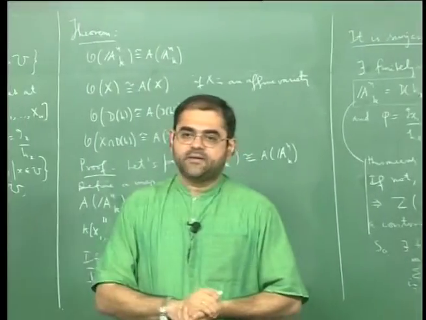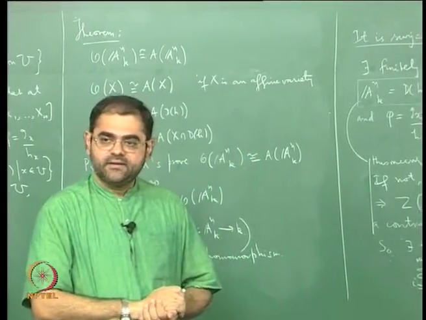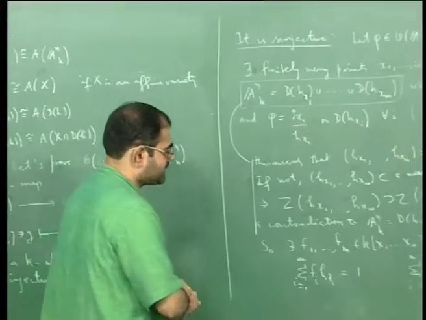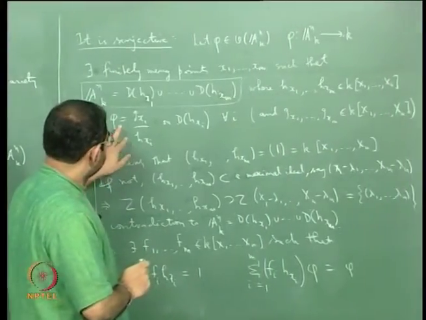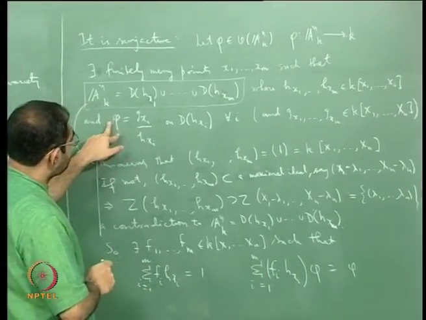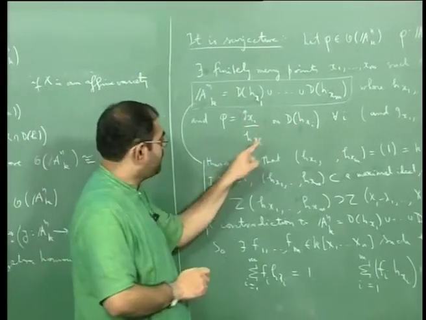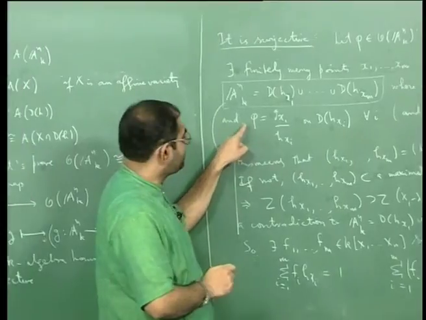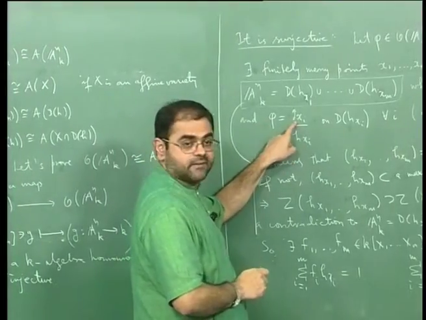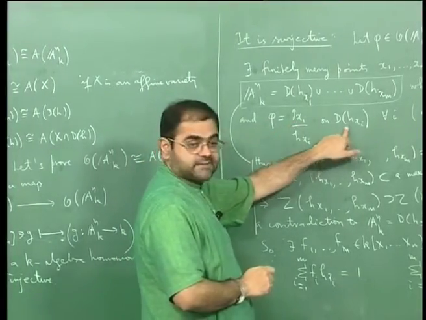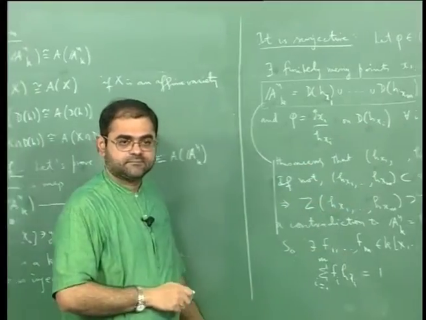I get this just by multiplying both sides by phi, and then I use the fact that phi is g_xi by h_xi on D(h_xi), but if I cross multiply I will get phi times h_xi equal to g_xi, not only on D(h_xi), I will get it everywhere, okay.